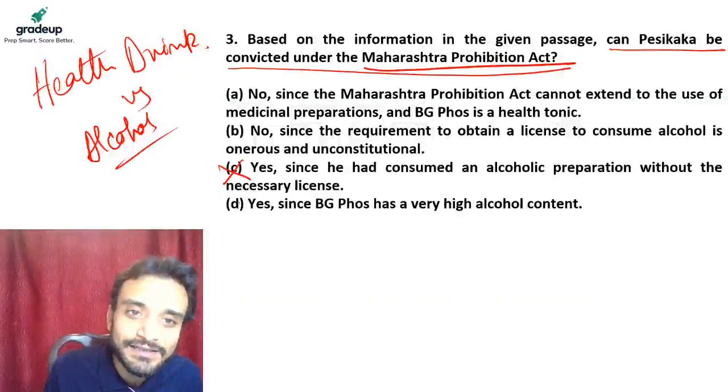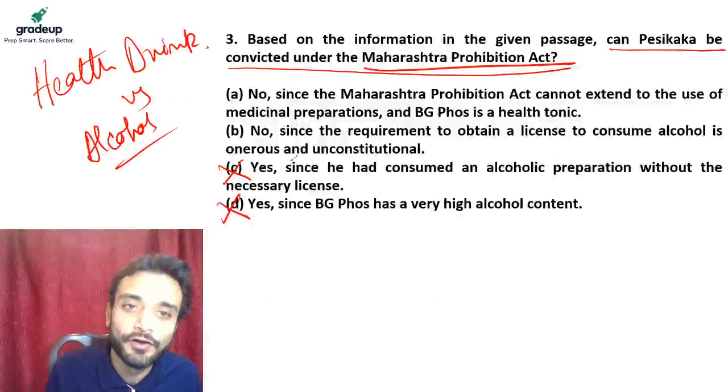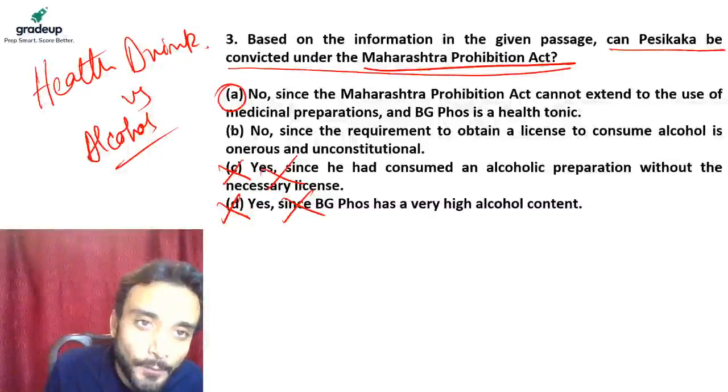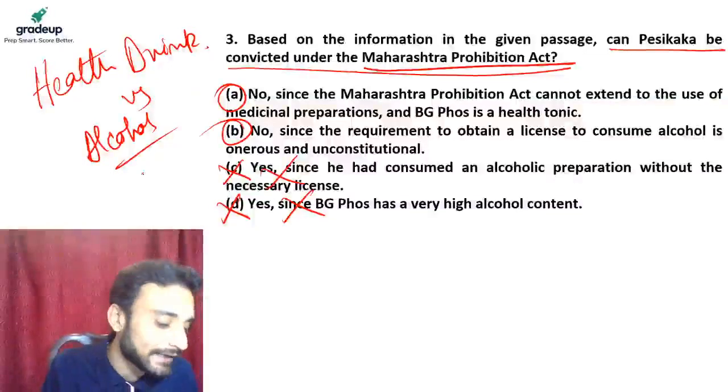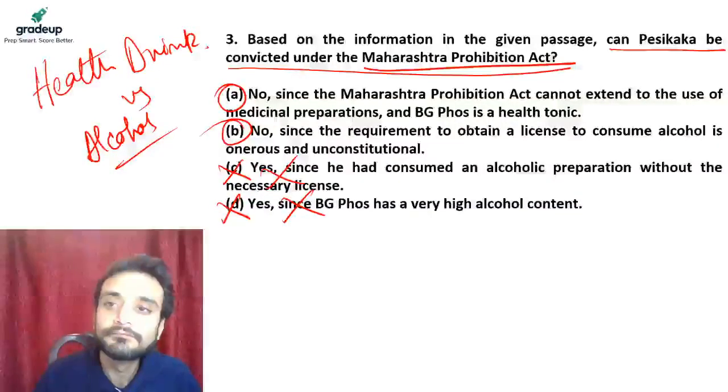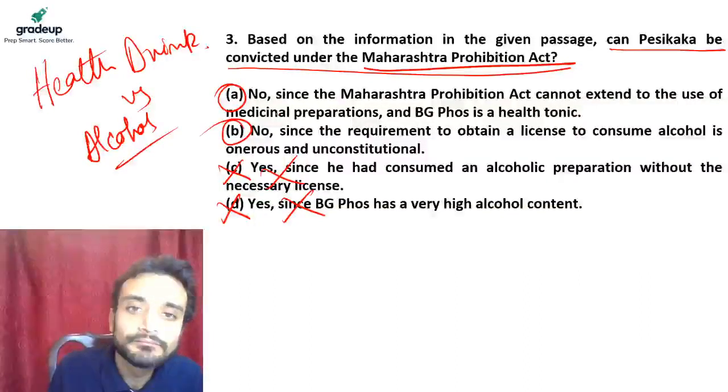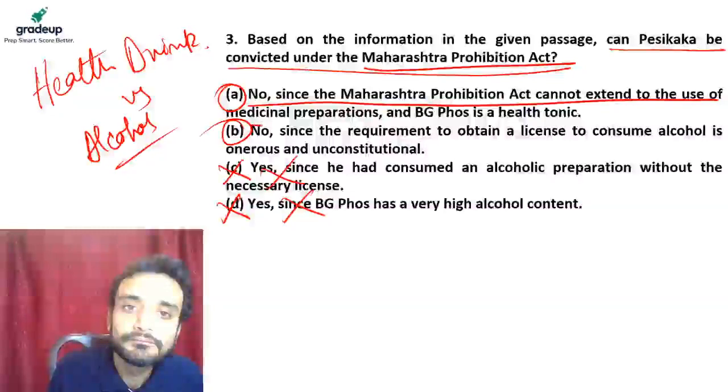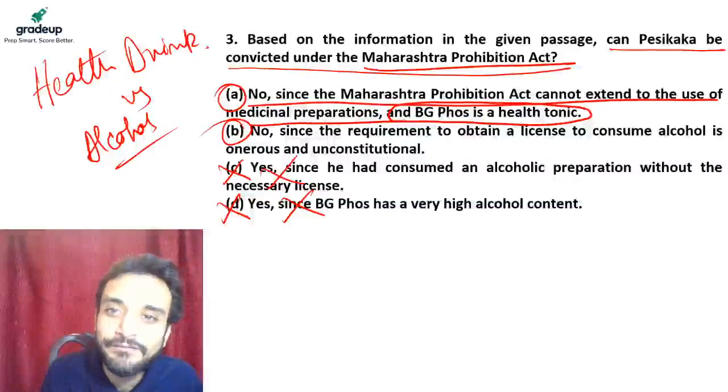So yes, C and D get over. So this is not there, this is not there. Is option A correct or option B correct? Tell me. BG Pro's is a health tonic.